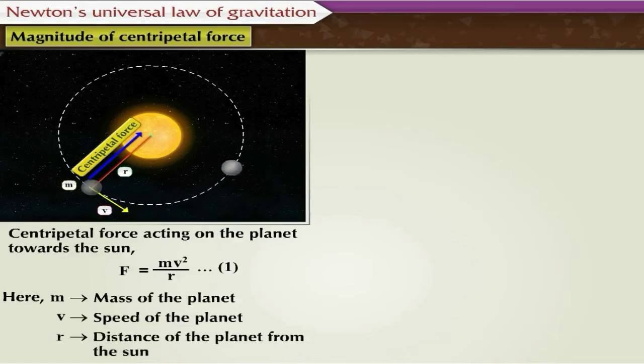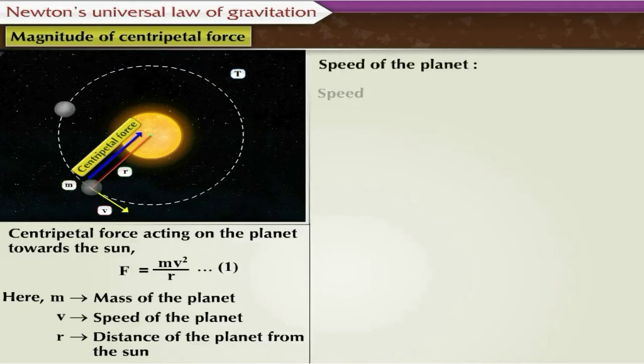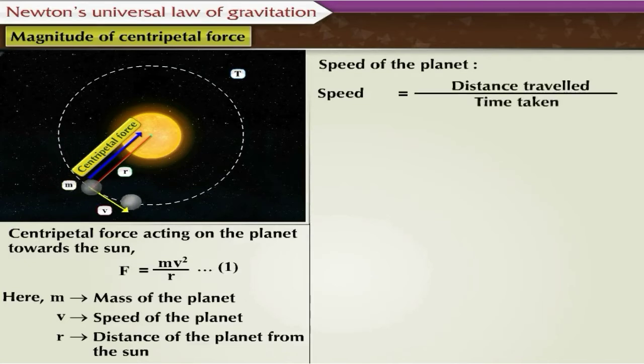The speed of the planet is found out using the period of revolution T and radius r. It is found out using the formula speed is equal to distance traveled upon time taken.